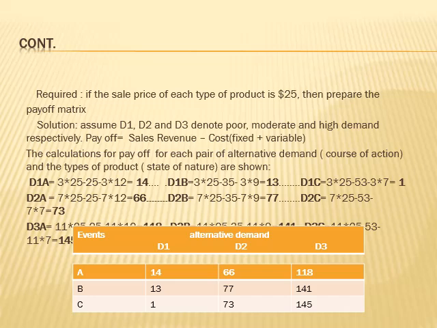Okay, now the common quantity of these three products as poor demand is 3000.